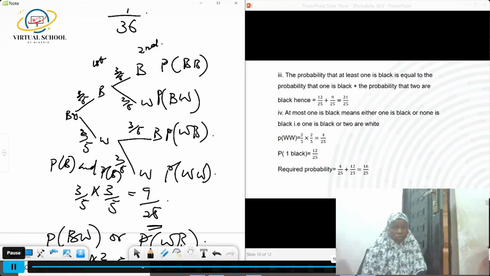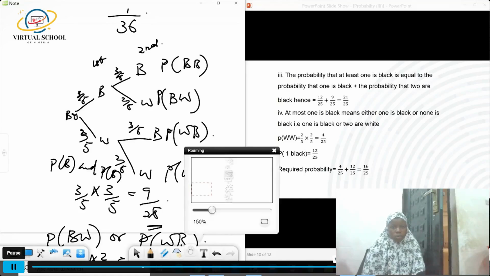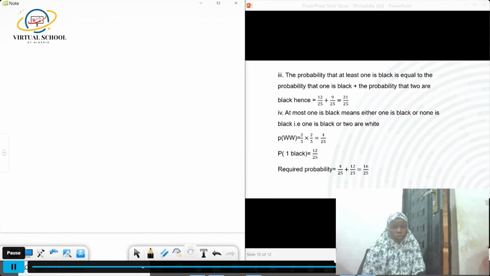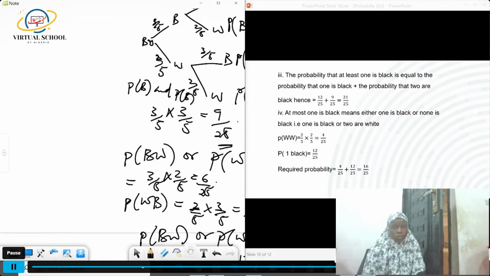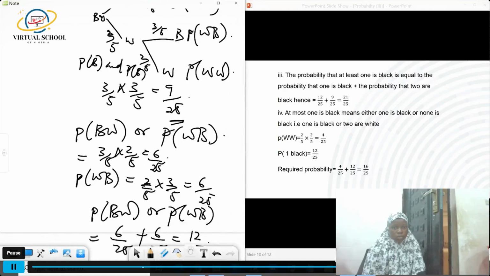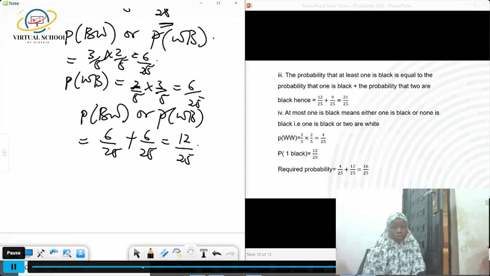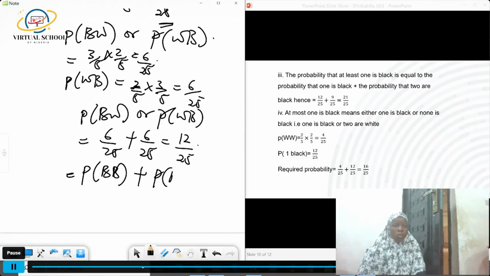Now, with this, we have black-white. So the probability of picking black, or black-white, or white-black will give us what? At least one is what? Black. So I'll have the probability of picking a black, plus the probability of picking black-white, plus the probability of picking white-black.